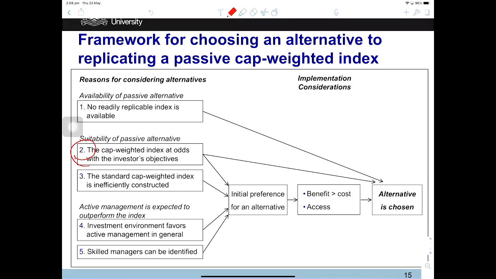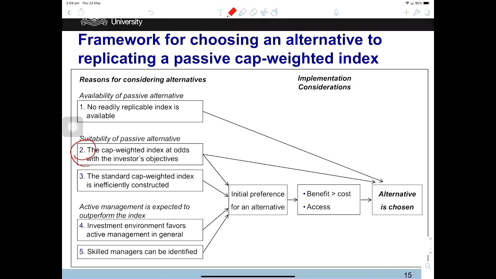And the next one, the standard cap-weighted index is inefficiently constructed. So if the investor would like to have particular exposure to some industries or some particular countries with this passive index, for instance fixed income, they are constructed by sampling.